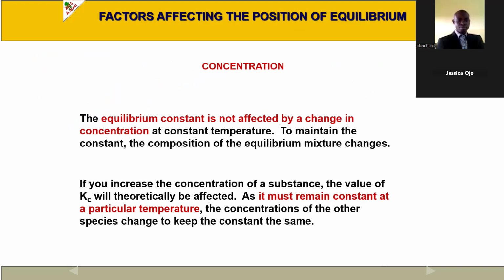So if you increase the concentration of a substance, the value of Kc will theoretically be affected, but later it will remain the same. As it must remain constant at room temperature, the concentration of the other species changes to keep it constant. That is also important.